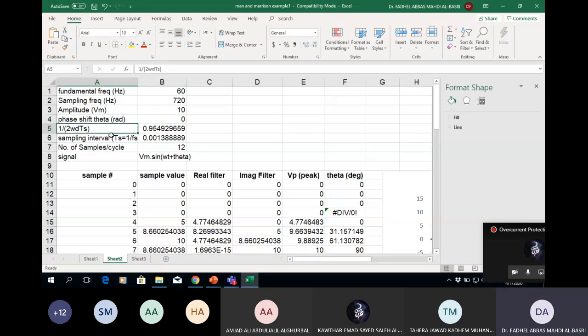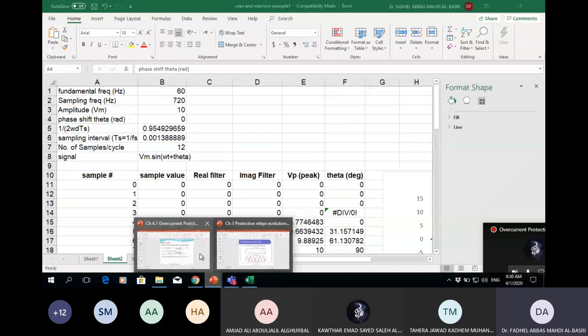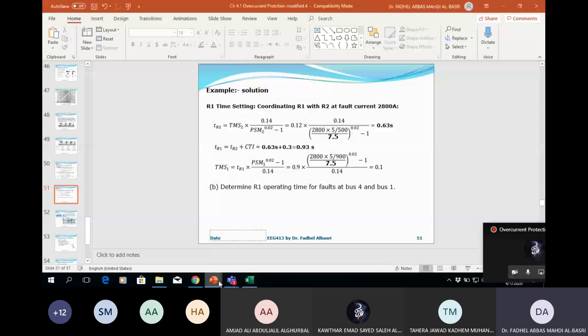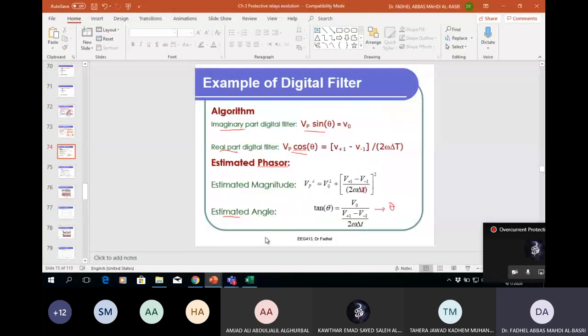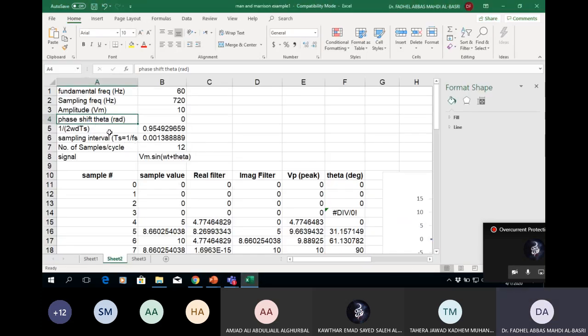And I need to find 1 over 2 omega delta T because I need it here, right? I need to find this, 1 over this value. So I calculated it already.